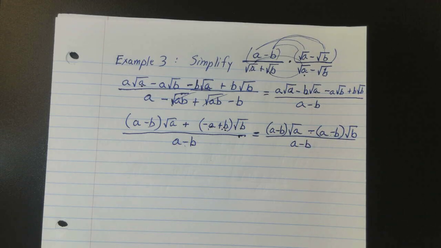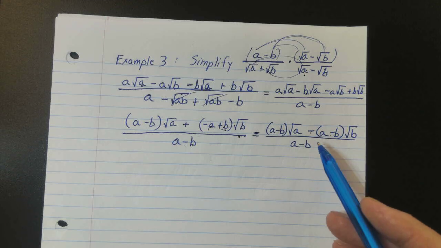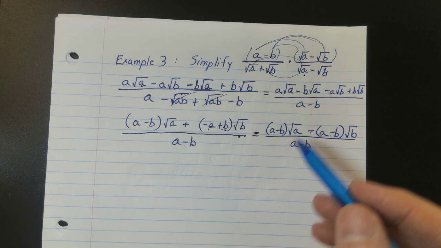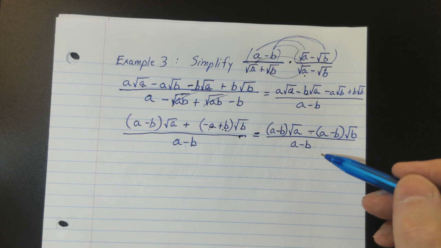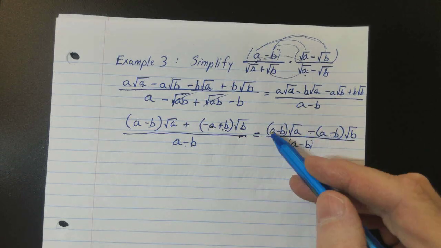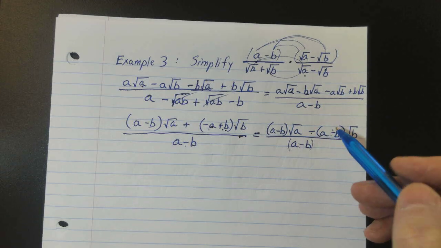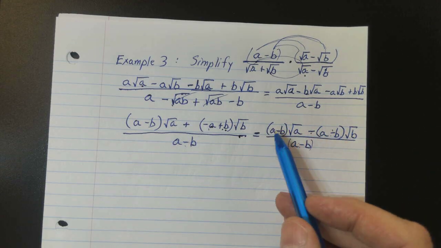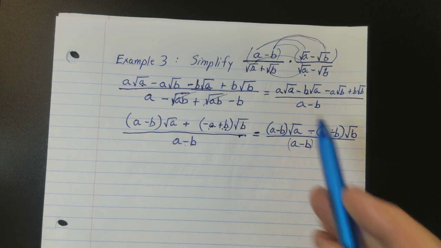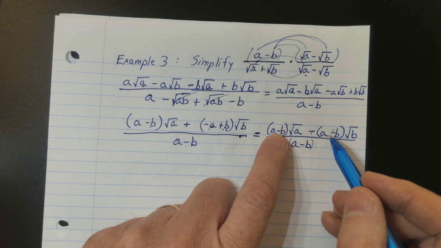So what actually happens now is we could do these separately, but these a minus b's are all going to cancel. I'm trying to think of a way that's not super confusing, but let me see if this works for you.